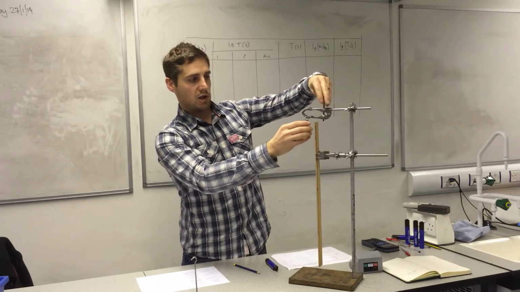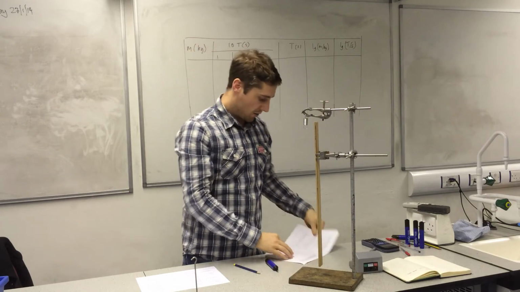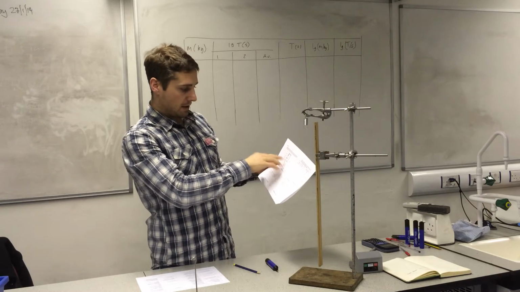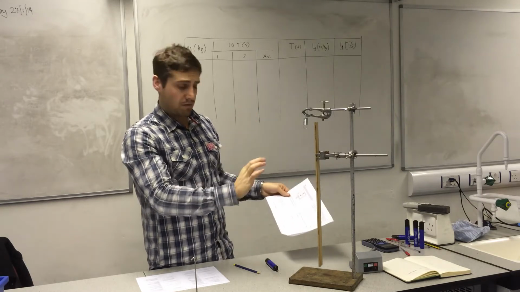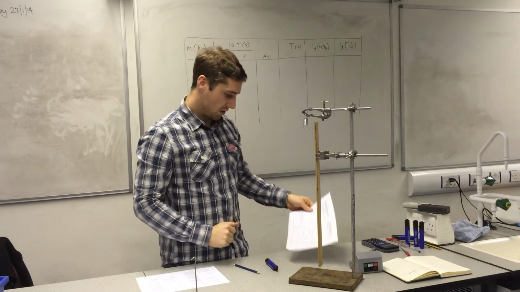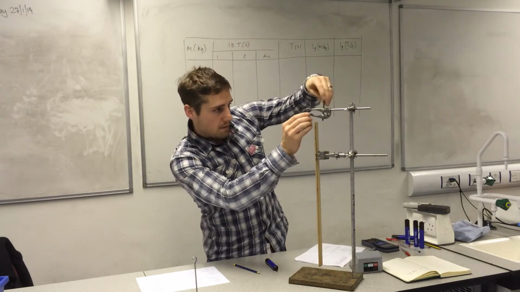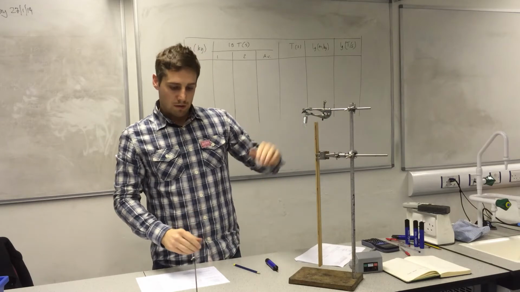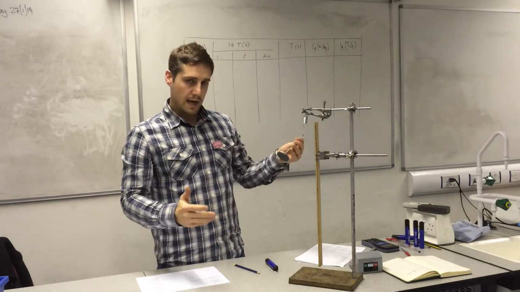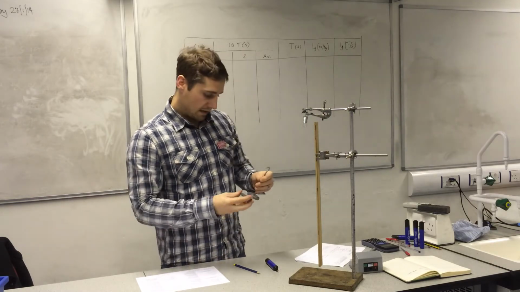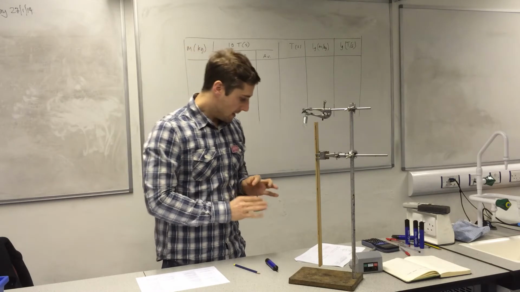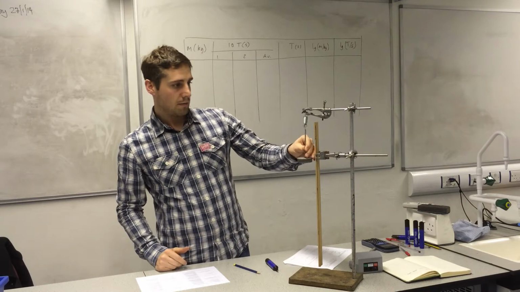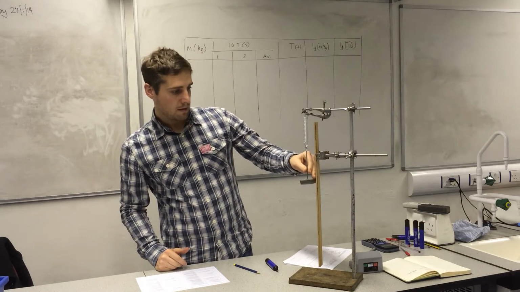Now I don't have to do much lining up here because on the diagram all I need to do is displace it about 4 centimetres if you read the instructions. So as long as I can see roughly 4 centimetres when I hang my masses onto the spring. Now what I need to do is hang 200 grams on my spring, like this.